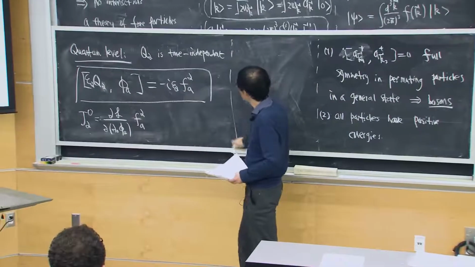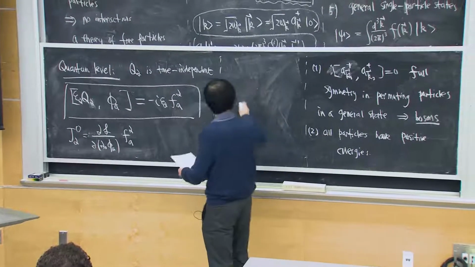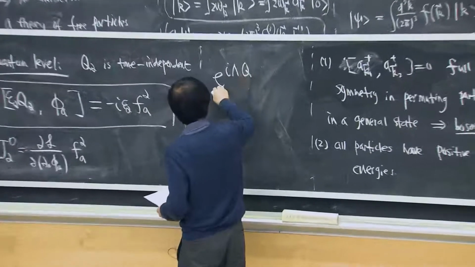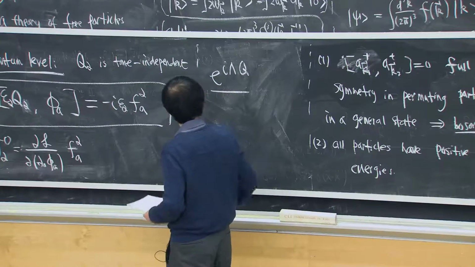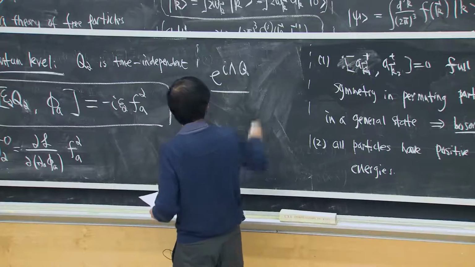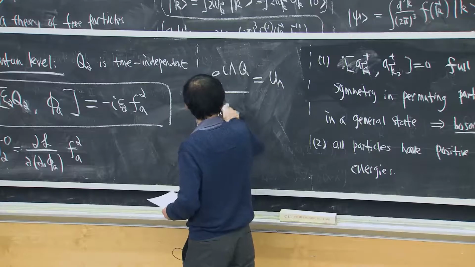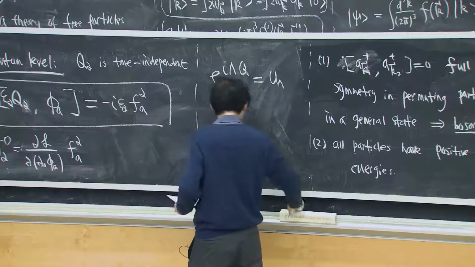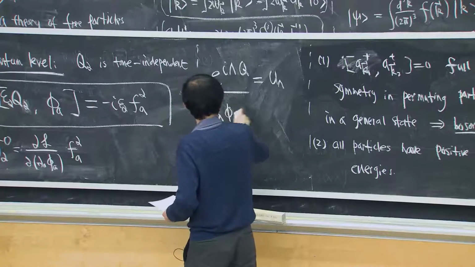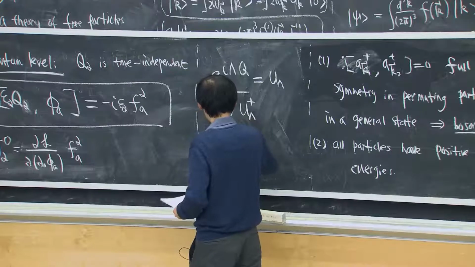You can also exponentiate this Q. You can introduce, say, exponential of i lambda Q. So if Q is the conserved charge, you can exponentiate Q like this, and then this operator, when it acts on phi, generates finite transformations.